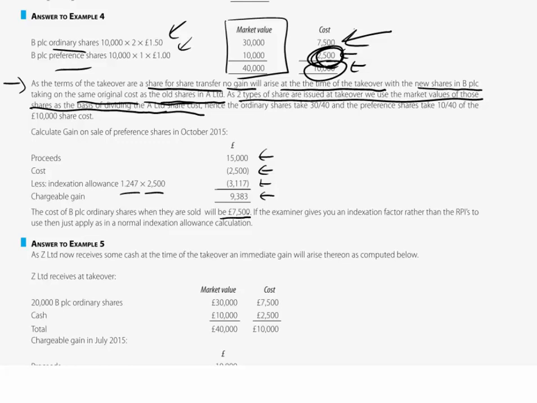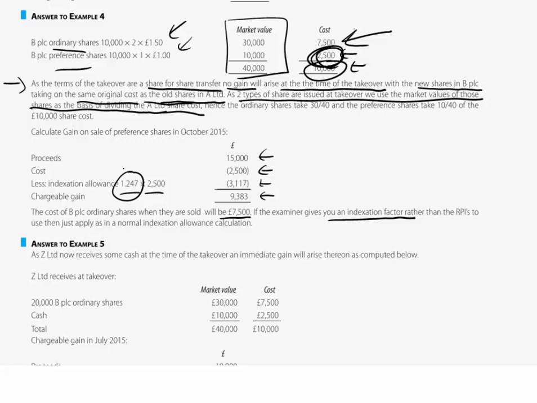Again, what would have to happen, given the information provided here, if you're going on to deal with that disposal, the examiner would have to tell you an indexation factor that would have run from the original acquisition date of the A Limited shares all the way through to the disposal of those preference, the equivalent to the 1.247 there.